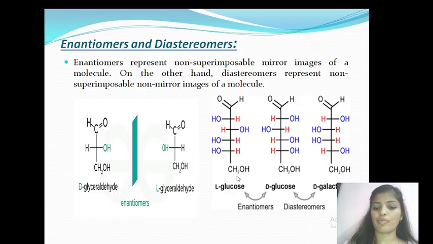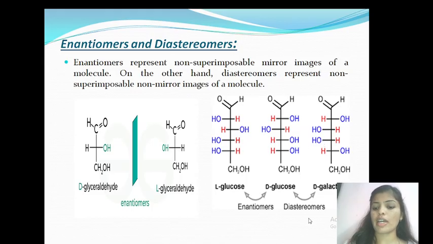Similarly, here this is L-glucose and this is D-glucose. These two are mirror images and these are termed as enantiomers. On the other hand, diastereomers represent the non-superimposable non-mirror images of each other. Means they have the same molecular formula, same structural formula, but differ in the spatial arrangement, and they are not mirror images of each other.